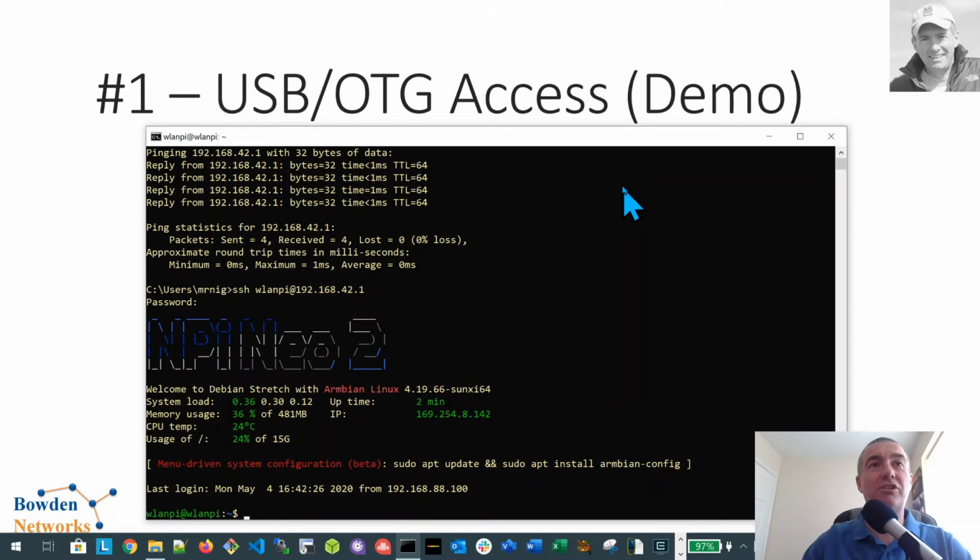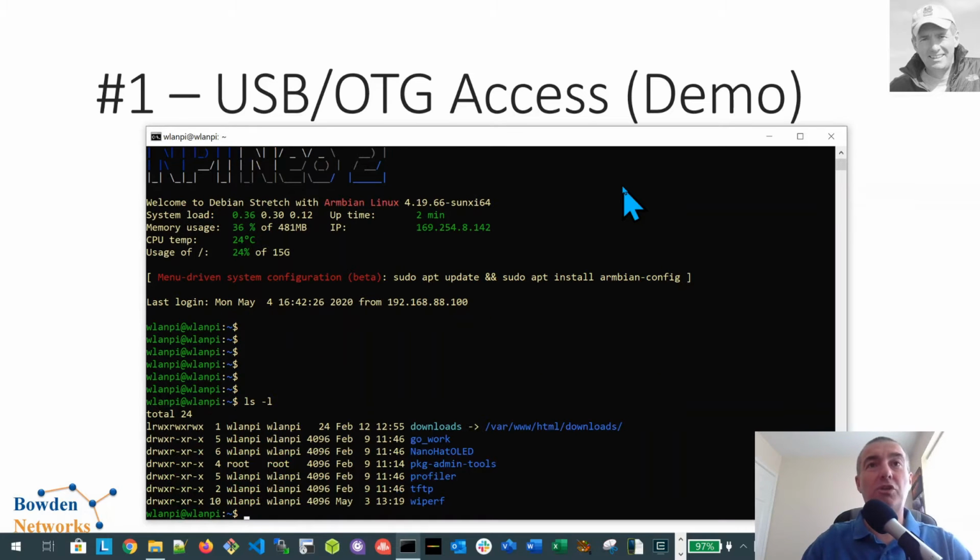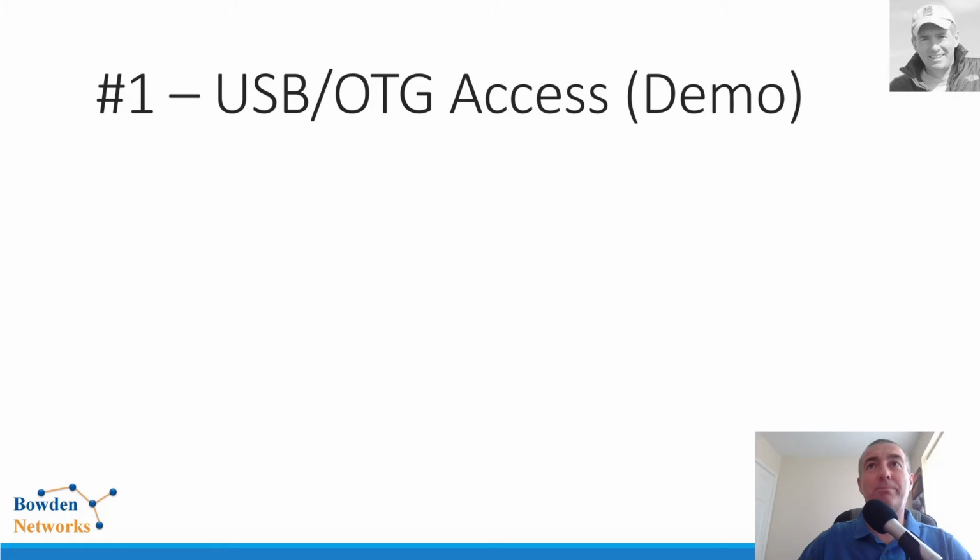So we can see now we've got an SSH session into the WLAN Pi, and we can run all of the usual Linux commands that we would want to run and access all of the utilities that are available from the CLI. So that's a very quick and easy way of getting into the WLAN Pi using the USB OTG connection.